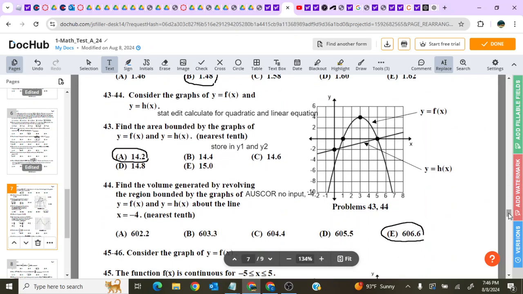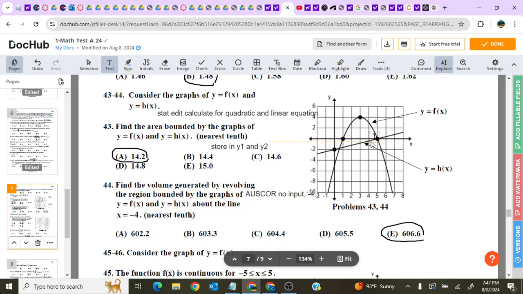43 and 44, you're given two graphs. You're given a quadratic graph and a linear graph. You can use stat edit to calculate the equations for both of them. Stat edit, calculate for quadratic and linear equations. Store in y1 and y2, and now we can use some programs for this. In this case, since they're looking for area bounded and revolution, we can use our Oxor program.